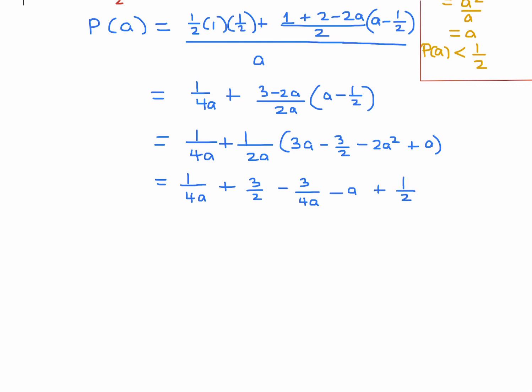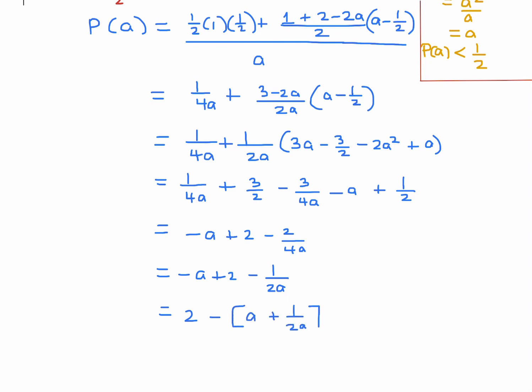So adding all the like terms, it looks like minus A plus 2 minus 2 over 4A, and that is minus A plus 2 minus 1 over 2A. All right, great. So that means that's 2 minus A plus 1 over 2A. And this is our P at A, and this is something we need to maximize.